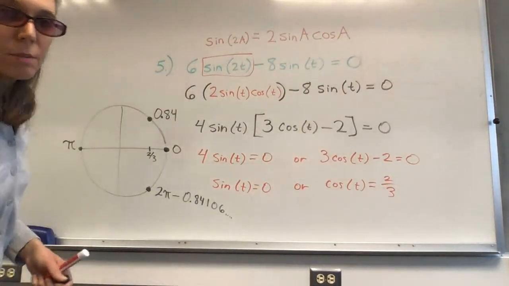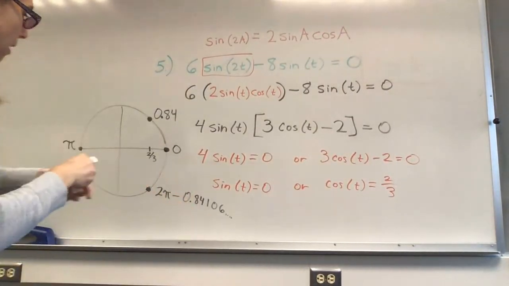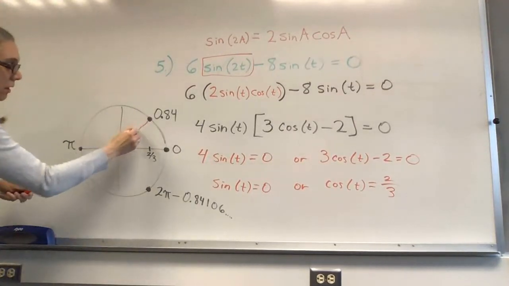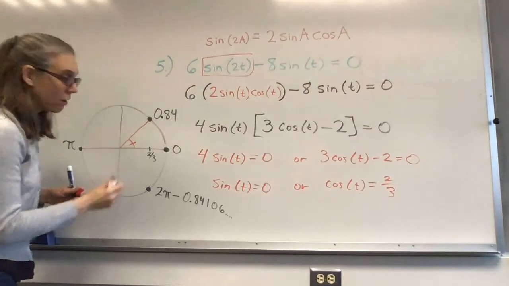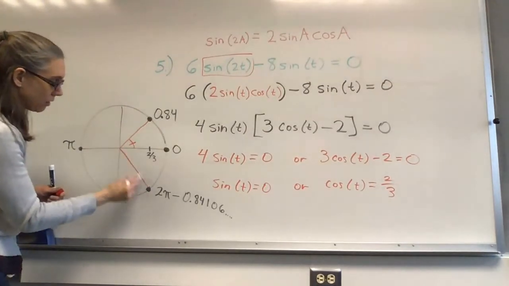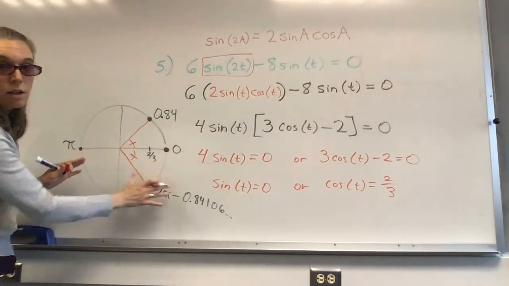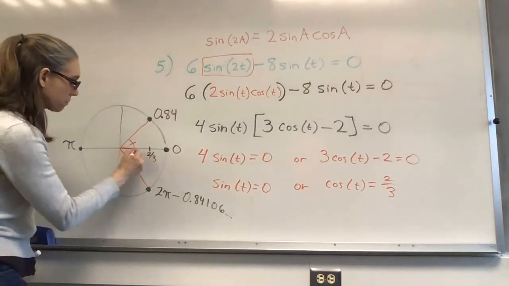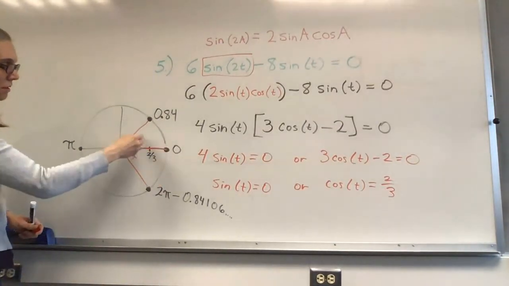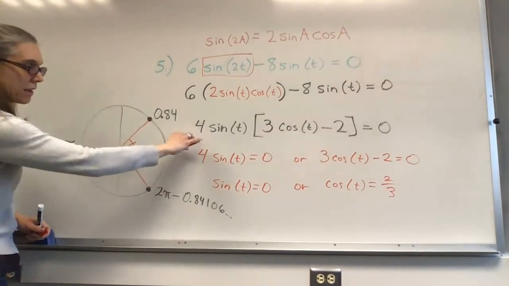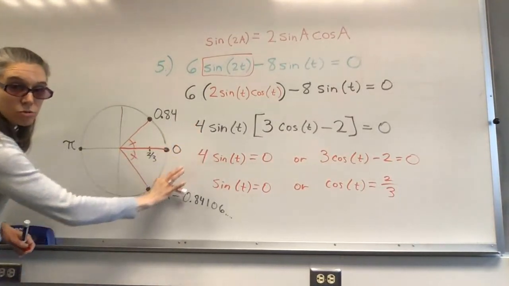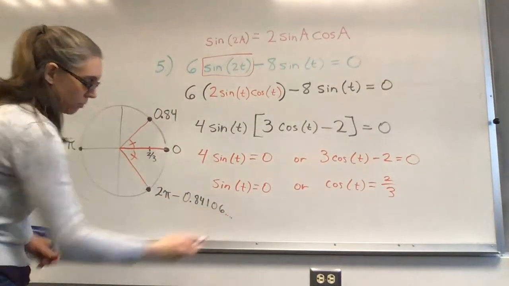So the reason I am doing 2 pi minus that value is that the angle right here, this 0.84 radian angle, is congruent to this other angle down here, which is also then 0.84. And so since these two angles are congruent, we can get to this dot right here by taking 2 pi and then subtracting the 0.841, etc.